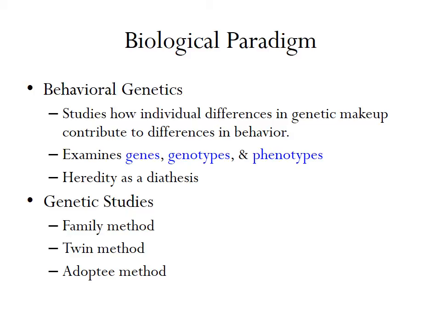The first is genes. Genes are the carriers of genetic information, your DNA. The specific grouping of genes that you inherit from your parents is known as a genotype.